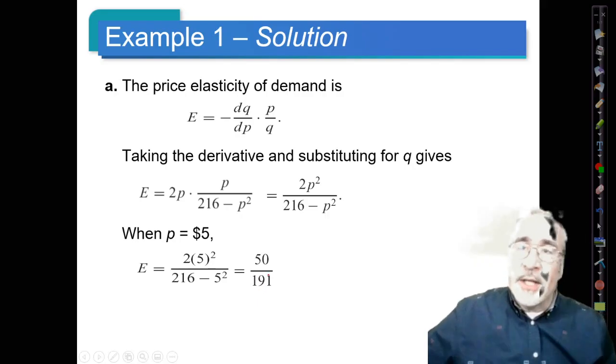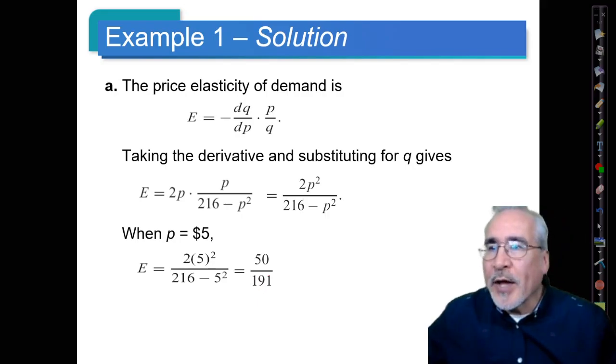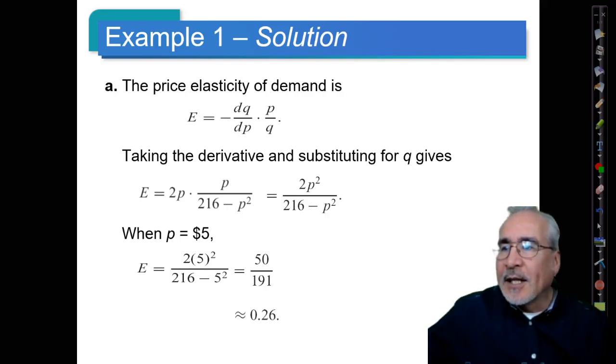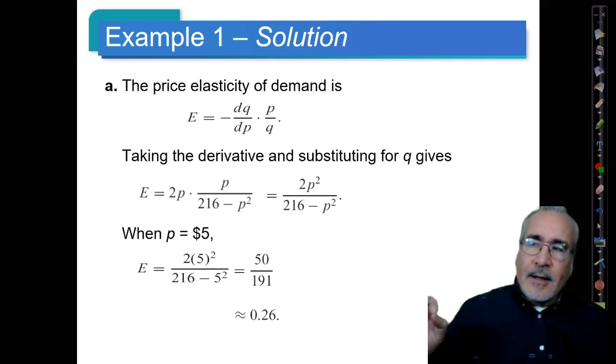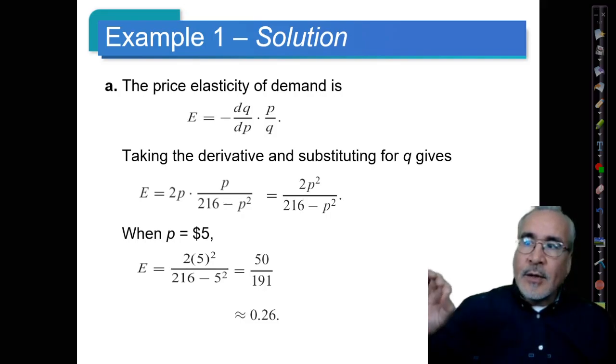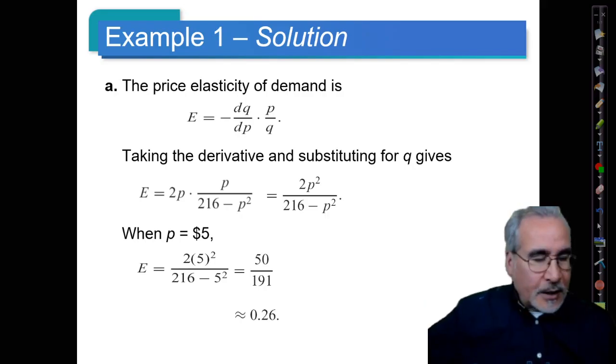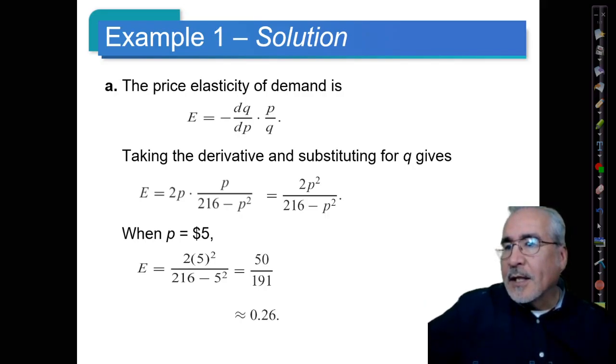That looks like it's going to be a number less than 1, right? We know it's inelastic, but we can actually calculate it's 0.26. So this means that increasing the price by 1% results in a 0.26% decrease in demand.